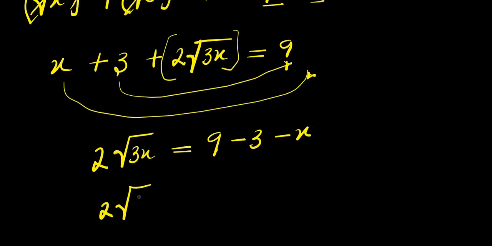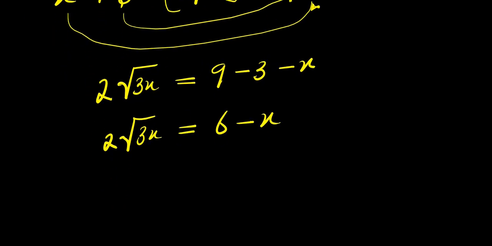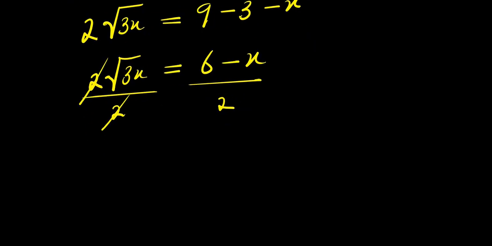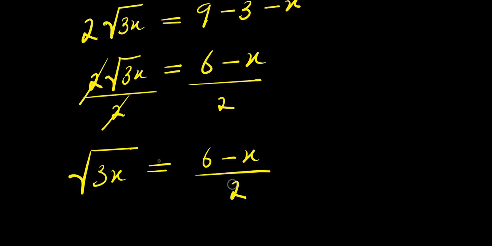From here we have 2 times root 3x equals 9 minus 3, that is 6 minus x. So from here, we divide this by 2, we divide this by 2, this eliminates this. We have square root of 3x equals 6 minus x divided by 2.